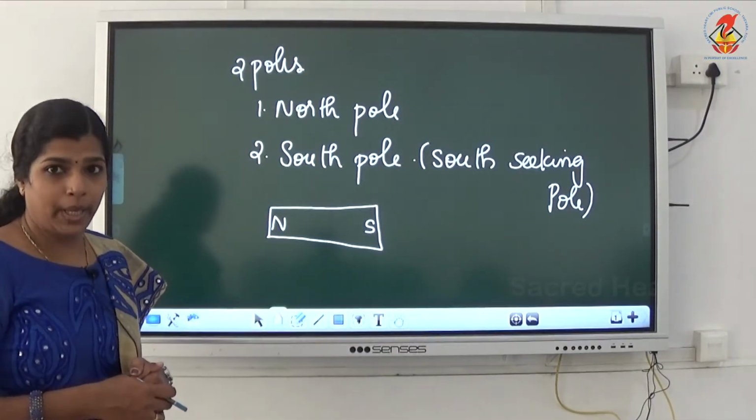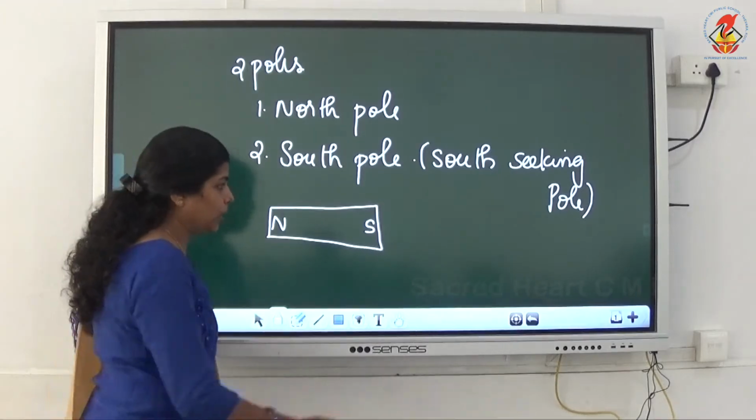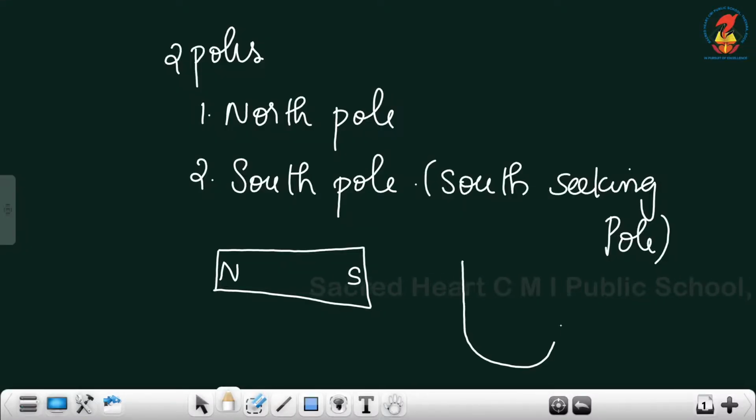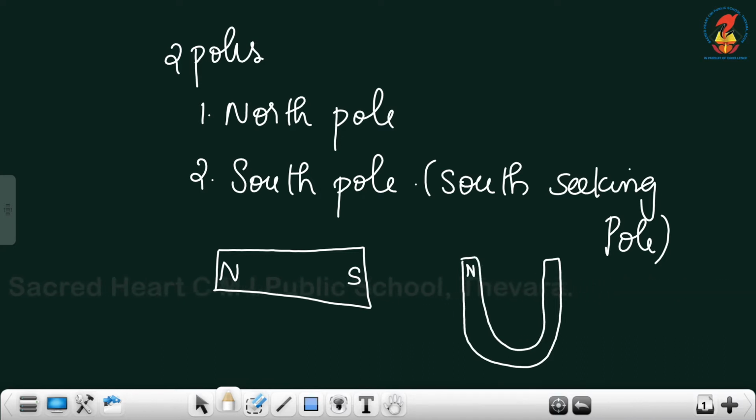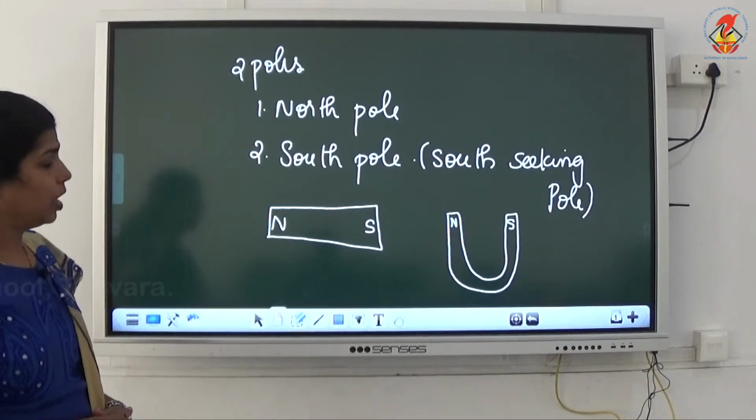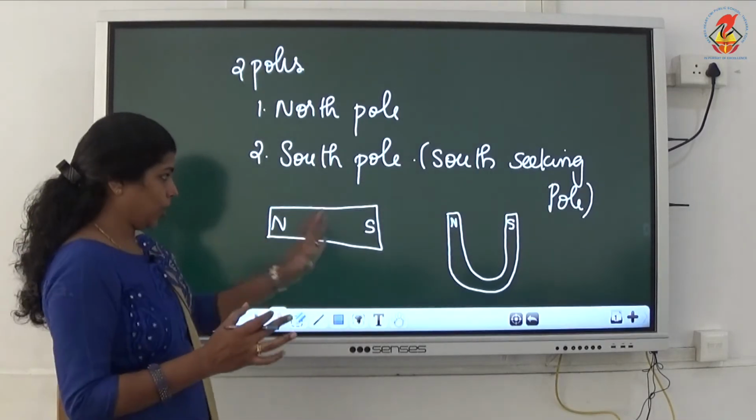Suppose this one is a horseshoe magnet. We draw it in a U shape. Here also the poles are located at the two end points of the magnet, north pole and south pole.